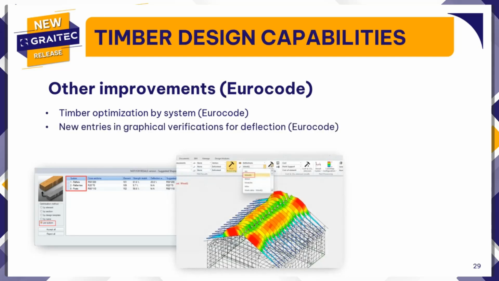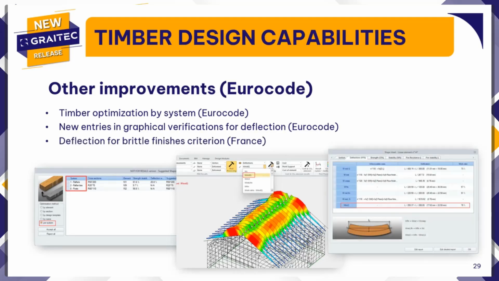Another improvement is a possibility of selecting additional results for deflections for graphical post-processing. So we can display different additional results directly on the ribbon. And finally, for French users, we implemented additional deflection checks according to the French National Annex to Eurocode 5.